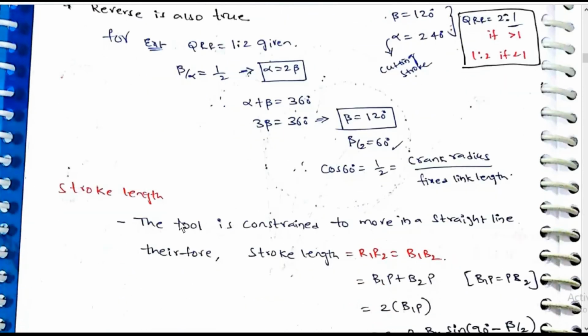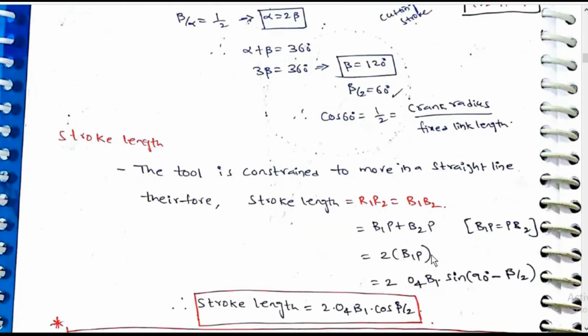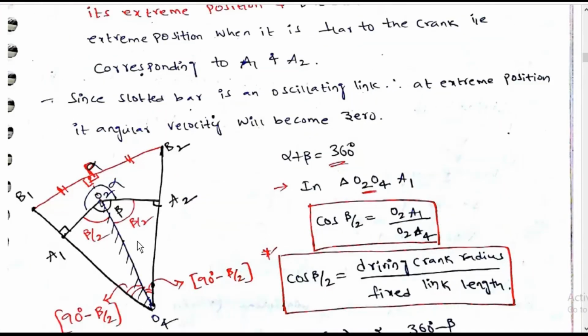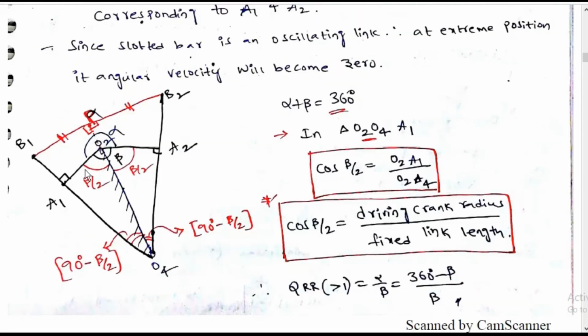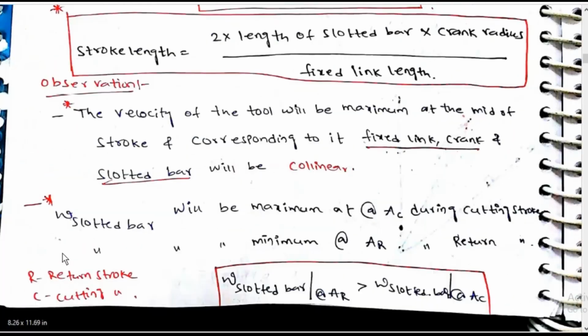Stroke length. The tool is constrained to move in a straight line. Therefore, stroke length is equal to R1 R2, which is equal to B1 B2, which is equal to B1P plus B2P, equal to 2B1P, equal to 2 O4B1 sine of 90 minus beta by 2. Stroke length is equal to 2 O4B1 cos beta by 2.